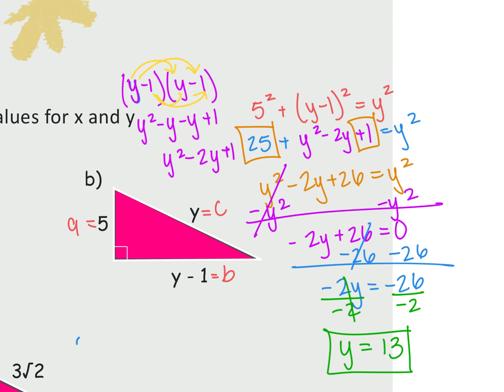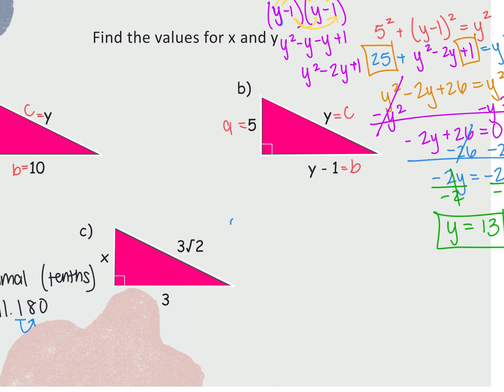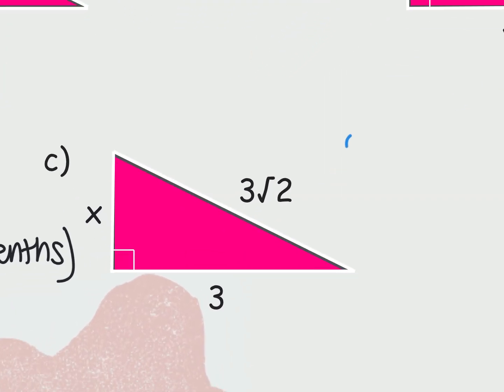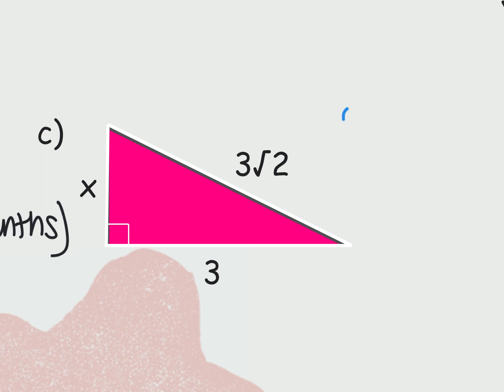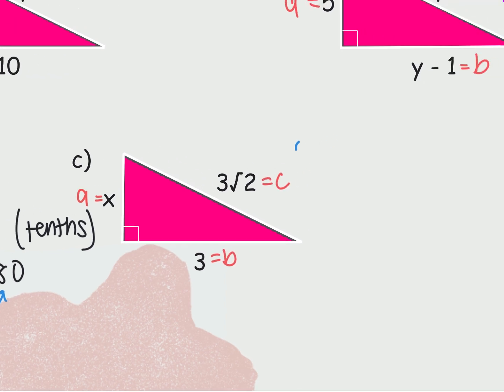All right. C, I'm going to go ahead and do C. Same thing I've been doing before. I'm going to first label what I have. So A, B, C, and then I'm plugging it into my formula.